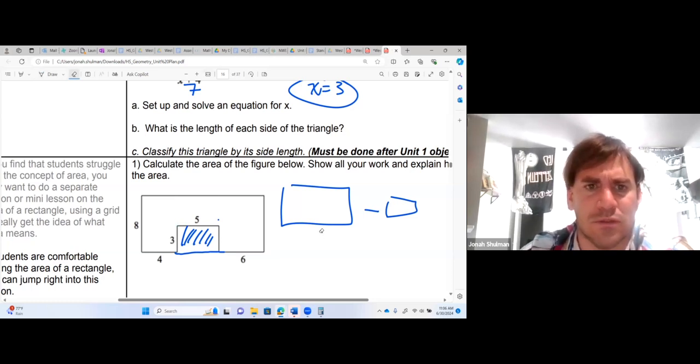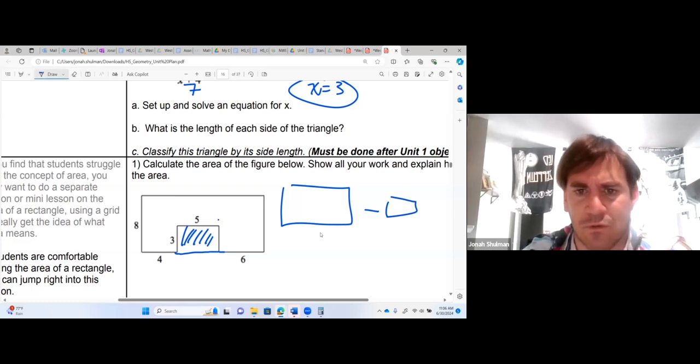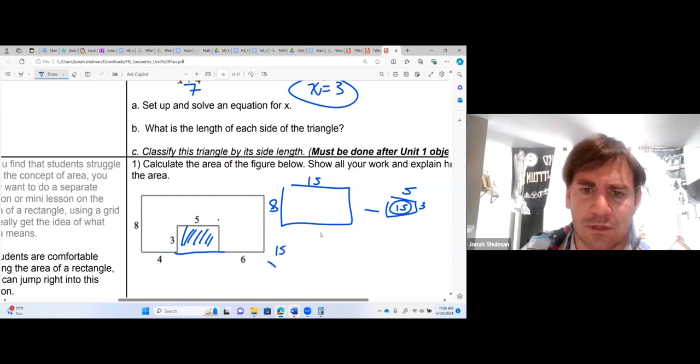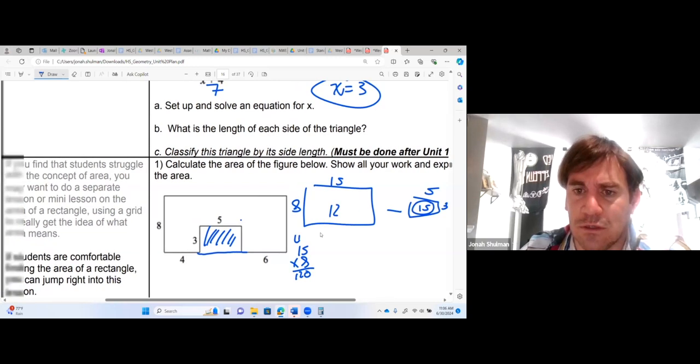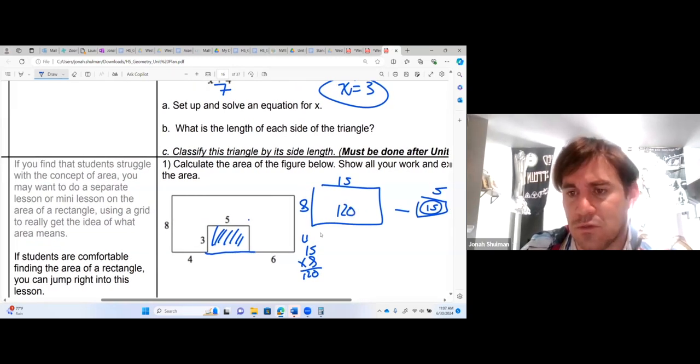So the whole piece is 8 times, we did this before, 15. This one's 3 times 5, so the area is 15 on this one, and the big one is just 15 times 8. 0 carry the 4. 8 times 1 is 8, so it's 120 minus 15. So the answer to this one is 105.